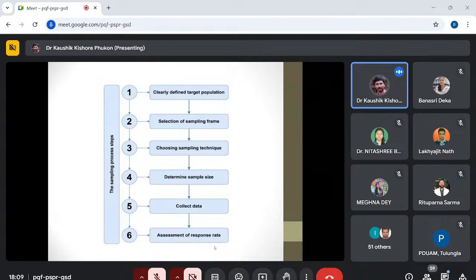Ideally, population and sampling frame are the same, but they may differ significantly. Let us have an example. You want to study some behavior of people residing in a city. So the sampling frame is the list of all people residing in the city on a particular date.